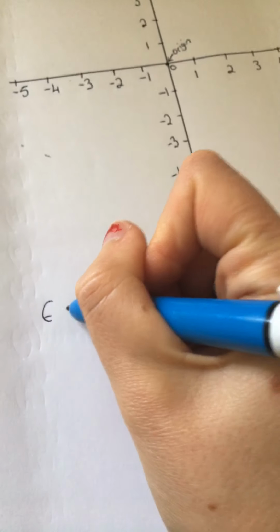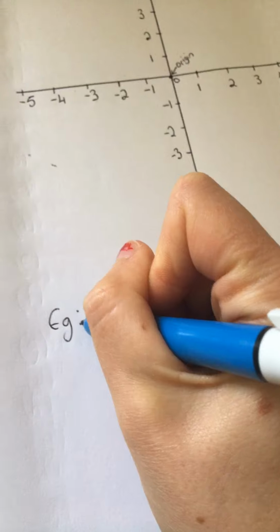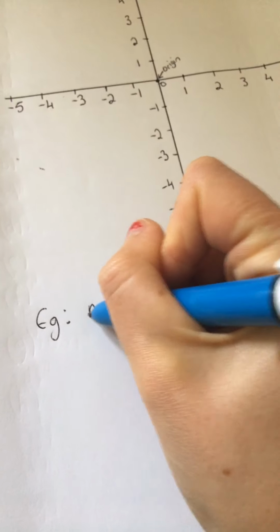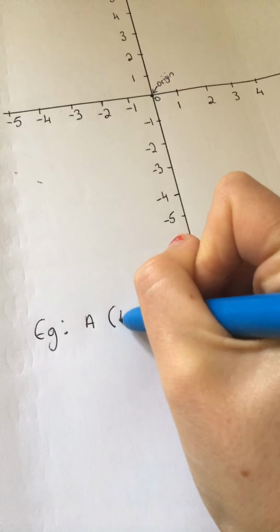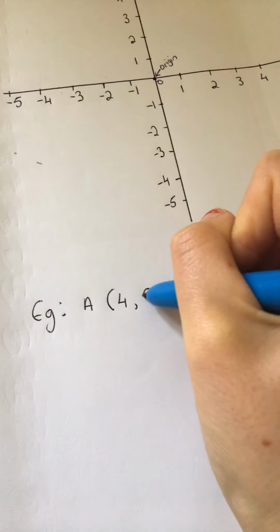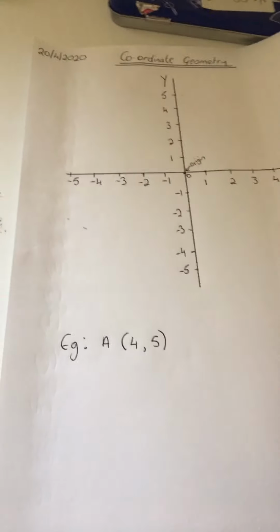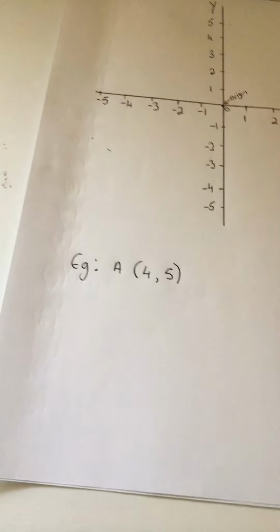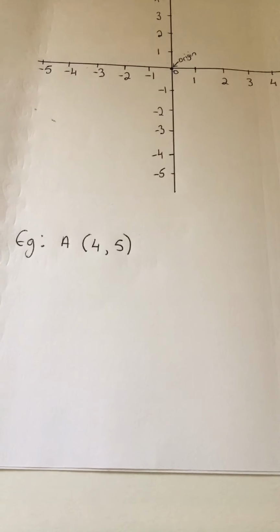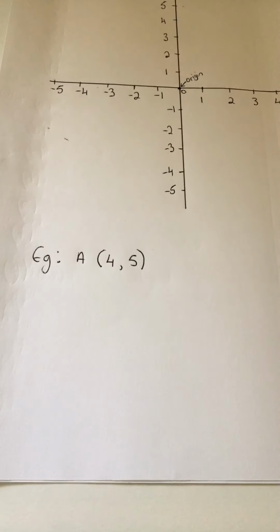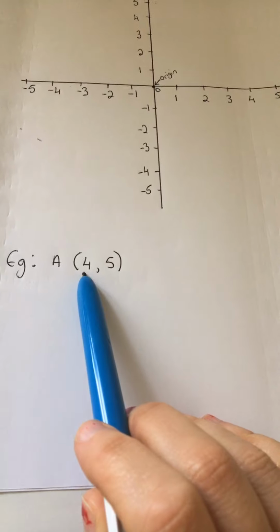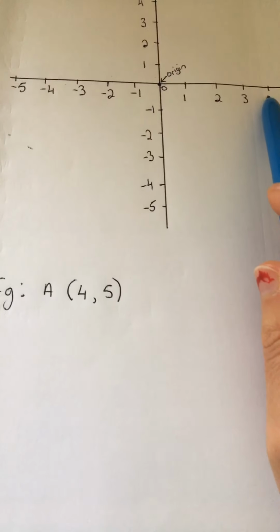So, first example, we're going to plot the point A, which is 4, 5. So that's just a random one that I've come up with. So where is 4, 5? You always go to the first number on the x-axis.